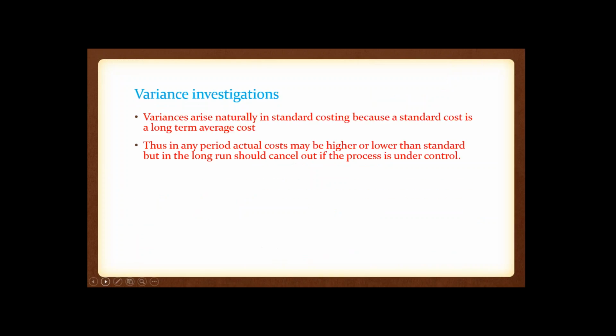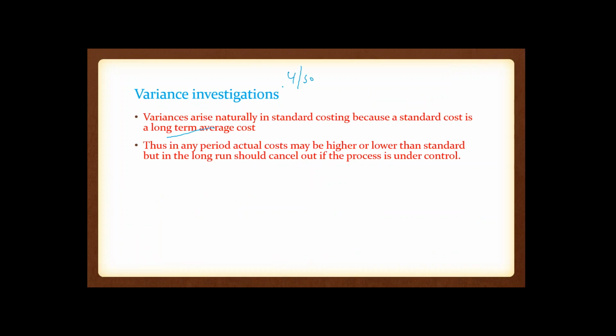So, variance investigation. Variance naturally arises in standard costing because the standard cost is a long-term average cost. That's a very important thing. It's not today's cost, it's a long-term average cost. Your price of raw material today may be $5, but the long-term average cost may be $4.50.